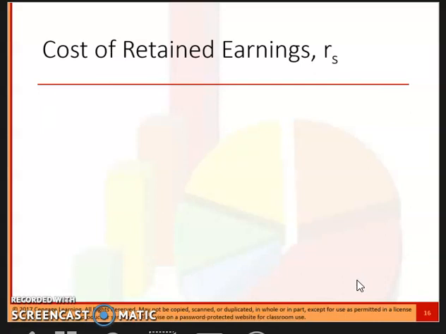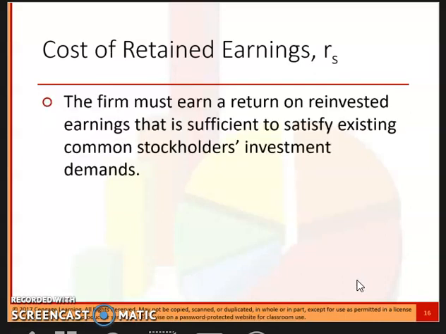So, cost of retained earnings. The firm has to earn a return on reinvested earnings sufficient to satisfy stockholders' investment demands. In addition, if the rate of return is less than the cost of retained earnings, then you're reducing the value of the firm.